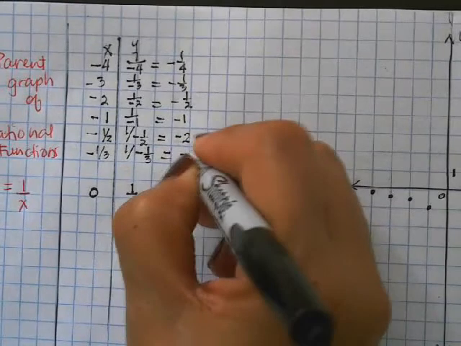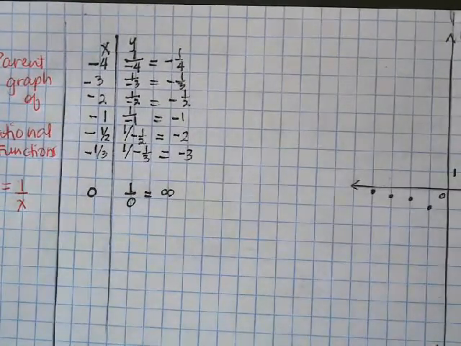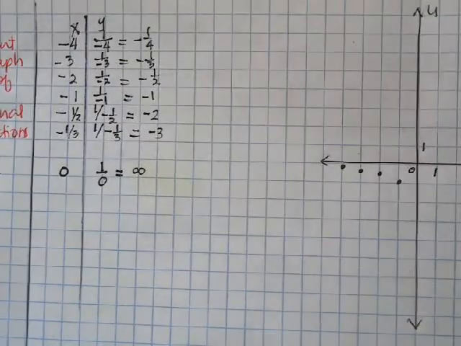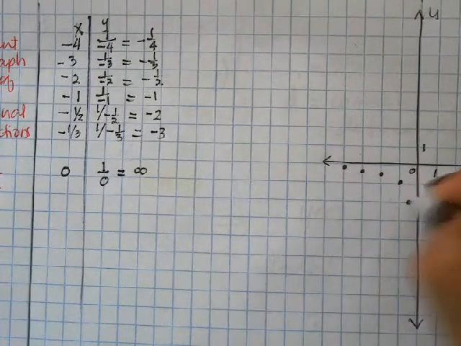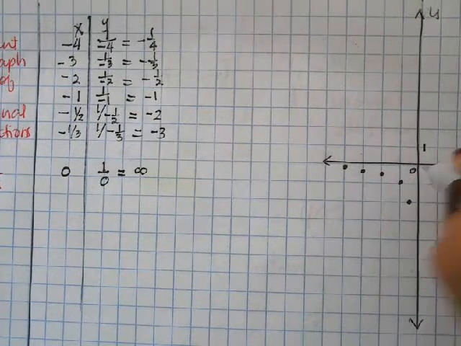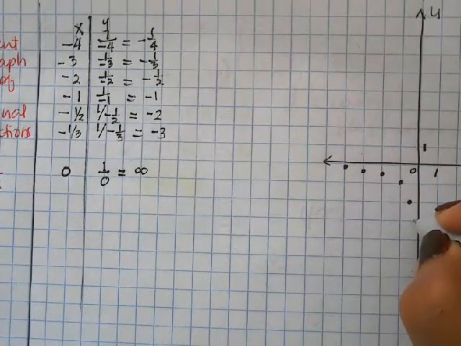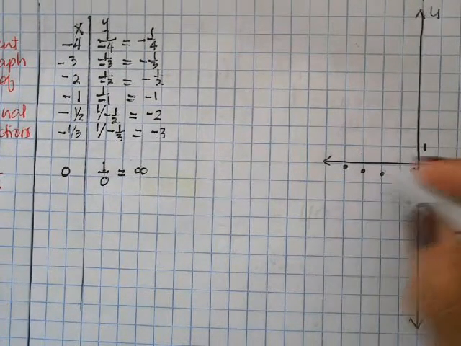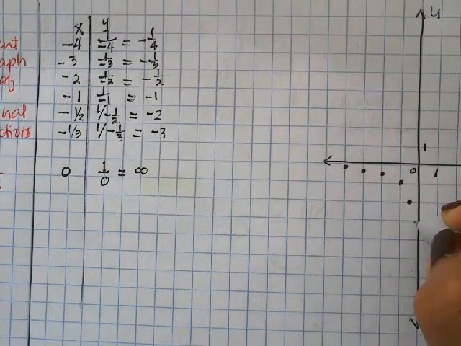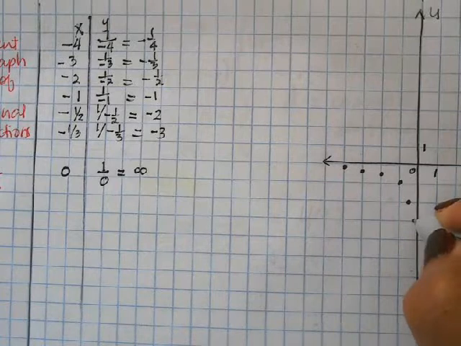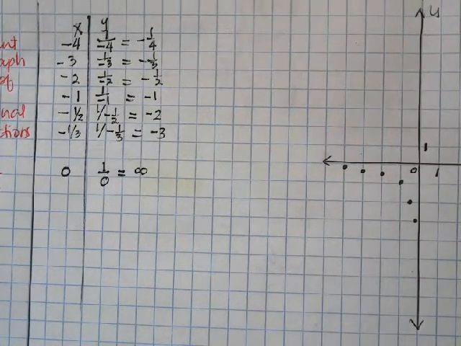That's just -3. Okay, so I think you see the pattern. As we go closer to 0, as x approaches 0, y approaches 0 also, okay? So we're getting closer and closer there.